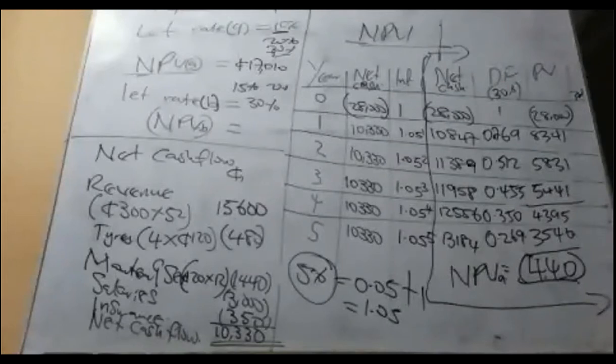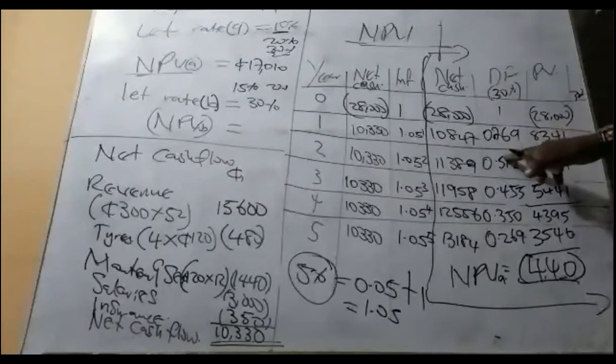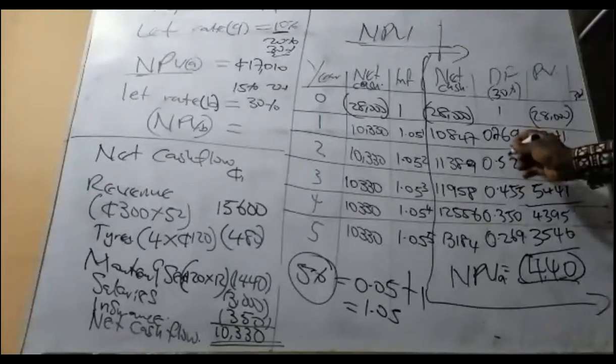So the discount factor for year 2 must be 0.592. Right, so here must be 592, not 512.